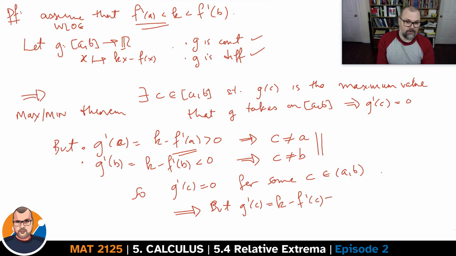Given that it's equal to 0, we conclude that f prime at c is equal to k. Give me any k strictly between f prime at a and f prime at b, and I can show the existence of a point c somewhere in the interval (a,b), which will guarantee that f prime at c is equal to k. Flabbergasted.